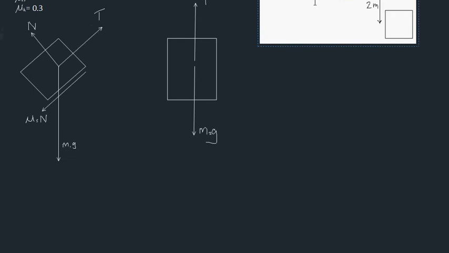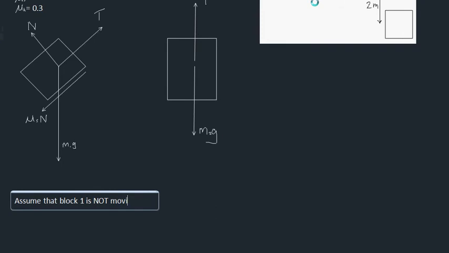And then I'm going to test the validity of that assumption and see whether that assumption is actually valid or not. So assume for now that block 1, the block on the hill, is not moving up the hill, i.e. that friction is enough to prevent our block from going up the hill.